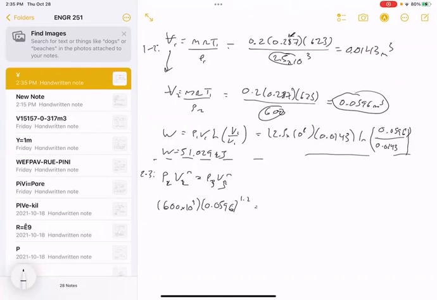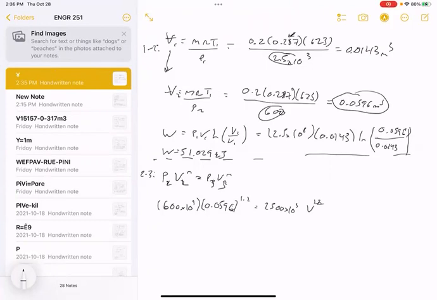Now we know P3, they said it goes back to the initial pressure. P3 is 2,500 kilopascals, or if you want, 2.5 times 10 to the 6 pascals, it's 2.5 megapascals. And this is going to be multiplied by V, which we don't know, to the N, where N is 1.2.